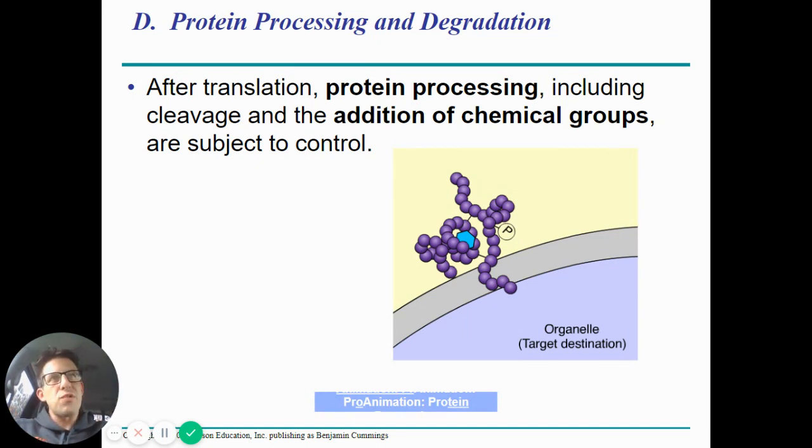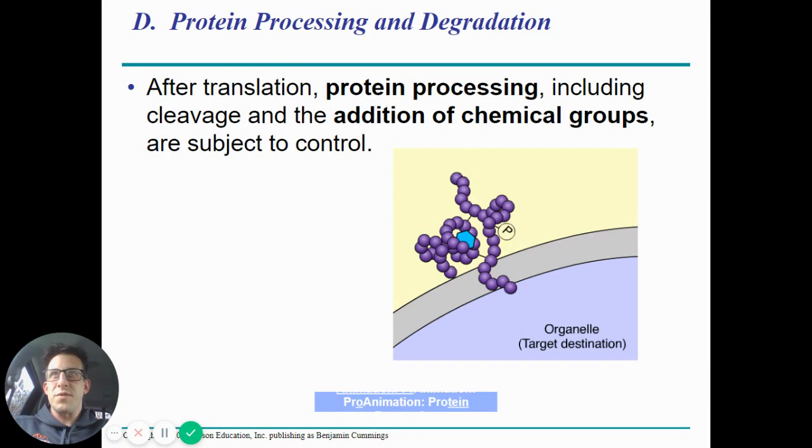But let's say we want to do something a little bit subtle. We want to fine tune. Again, this is a method of fine tuning regulation. We want to fine tune the final product. We're going to add a few things. We're going to cut it a very certain way. We're going to fold it in just a certain way that allows it to have a very specific function. That's not regulation in terms of turning on or shutting off.